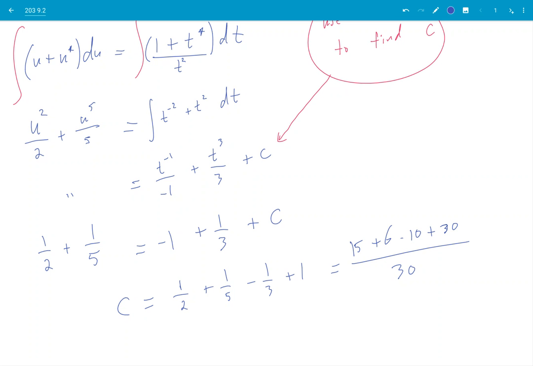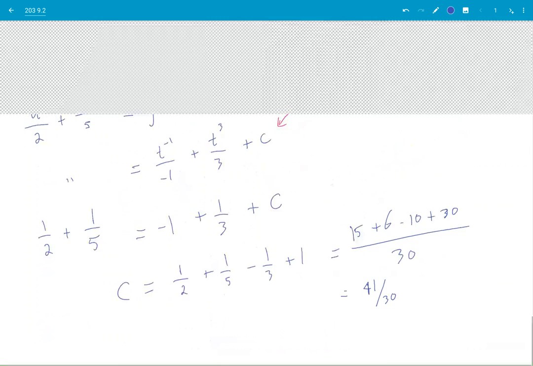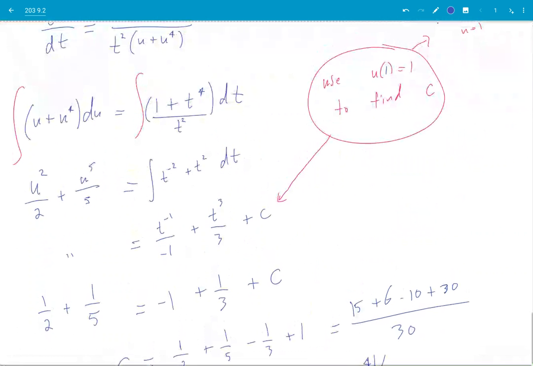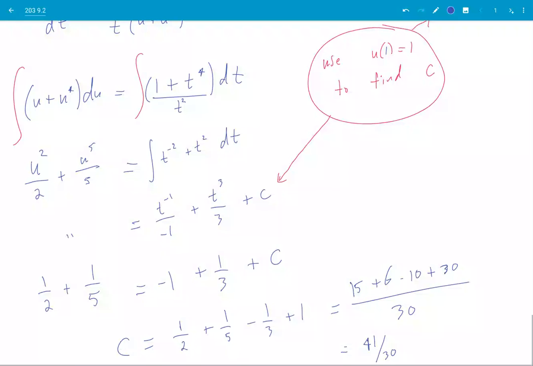So what do you get there? You get 51 minus 10, 41 over 30. Okay, maybe you want to just take a look at it. Pause and make sure you have everything correct that is on the screen right now. So pause and double check that, since your teacher made a boo-boo earlier on and may have confused you.